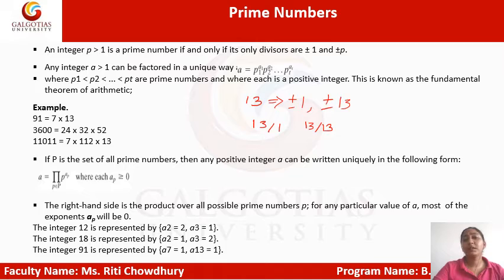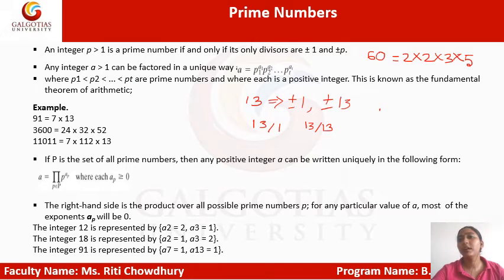Now, if we have any number that is greater than 1, we can write the number as the product of multiple prime numbers. How can we write it? We can take any example. Suppose we choose any random number, say 60. We can write 60 as 2 times 2 times 3 times 5.